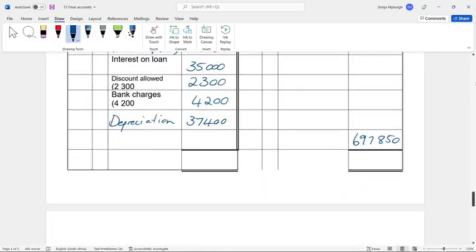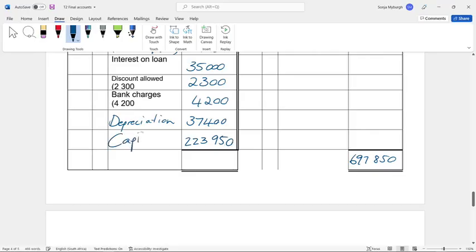That total 697,850 minus all the expenses will give me the net profit 223,950. And where do we take the net profit?